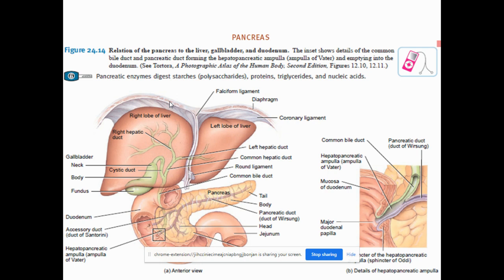So what is chyme? Chyme is the liquid kind of food that is prepared by the stomach, by the mechanical action of the stomach, and also by the digestion of the HCl and the pepsin.